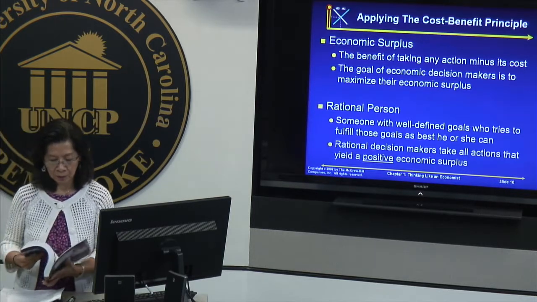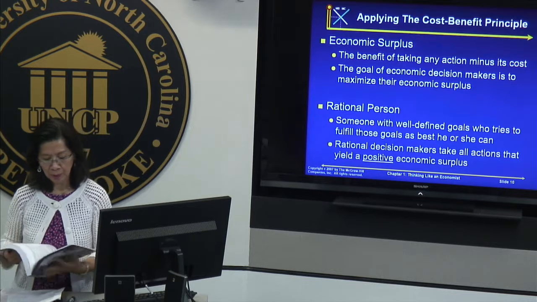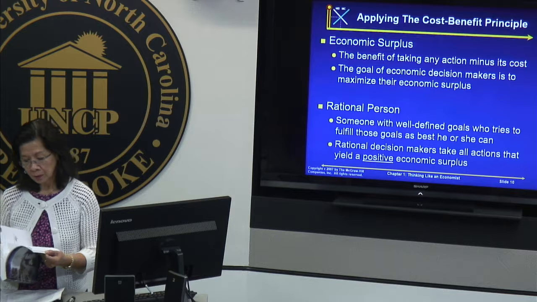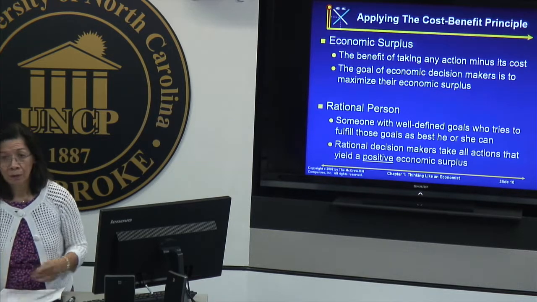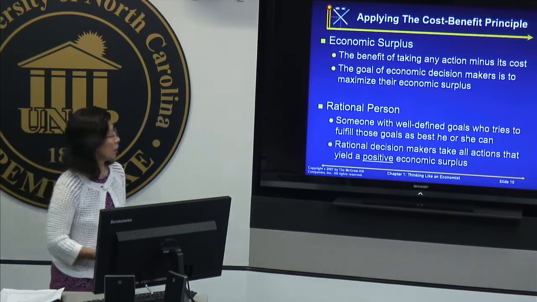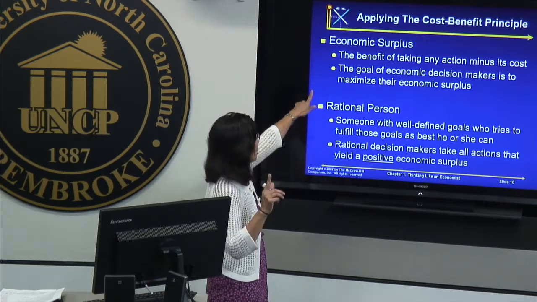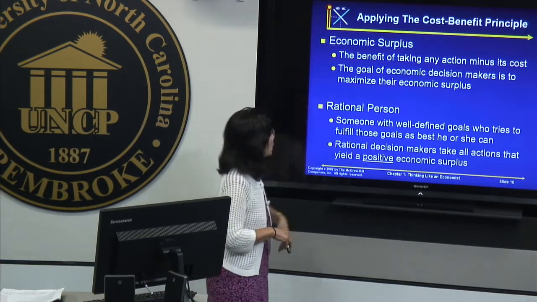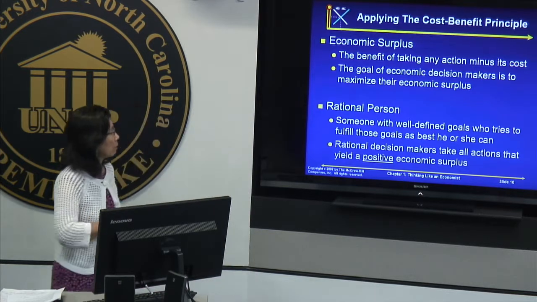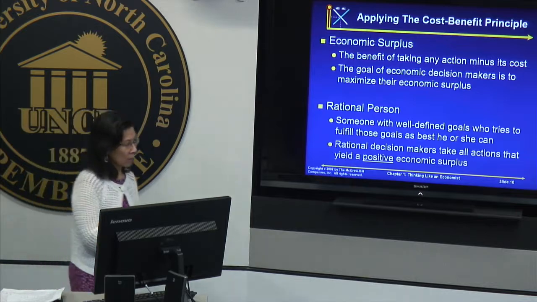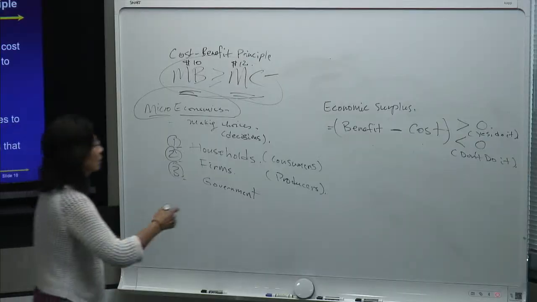So if you look at your book on the sidebar for chapter 1, the side menu, you will see a lot of these definitions for scarcity, what is opportunity cost, which I have not talked about, but I will be touching on that very soon. So what is economic surplus? It's the benefit of taking an action minus its cost. That's it. What I just wrote down here.